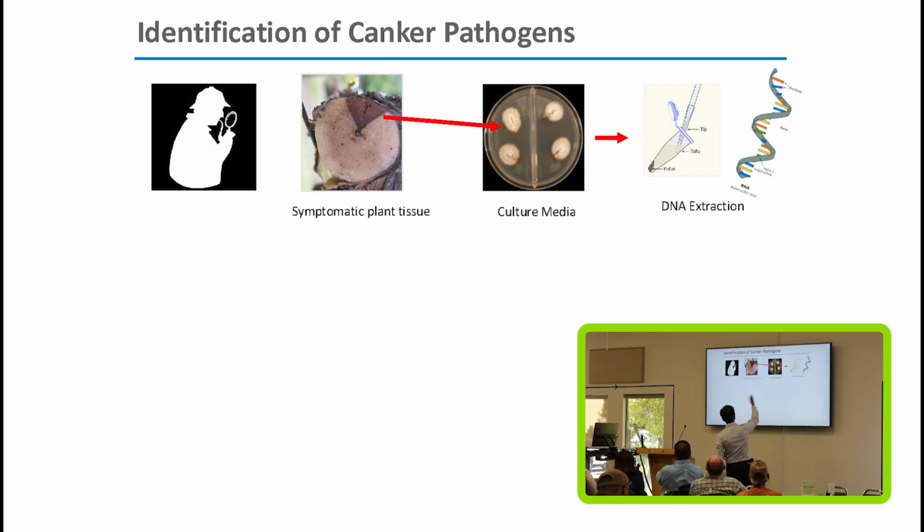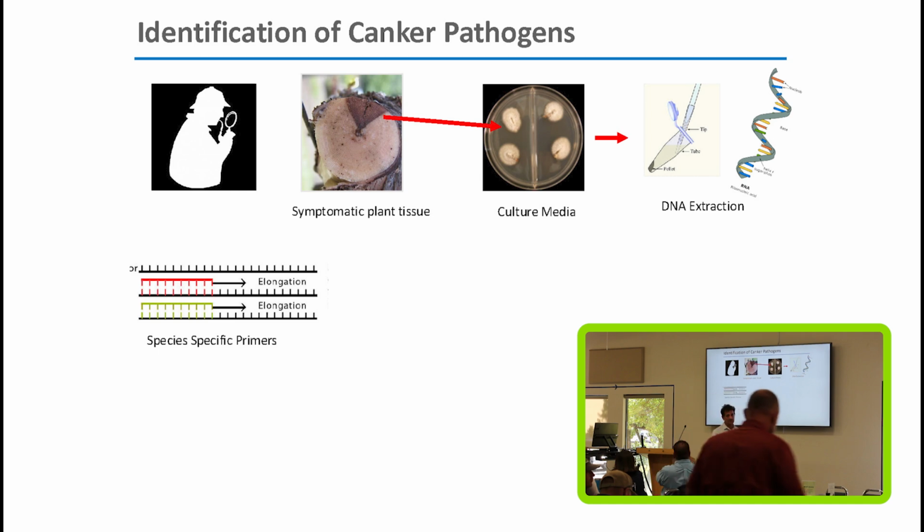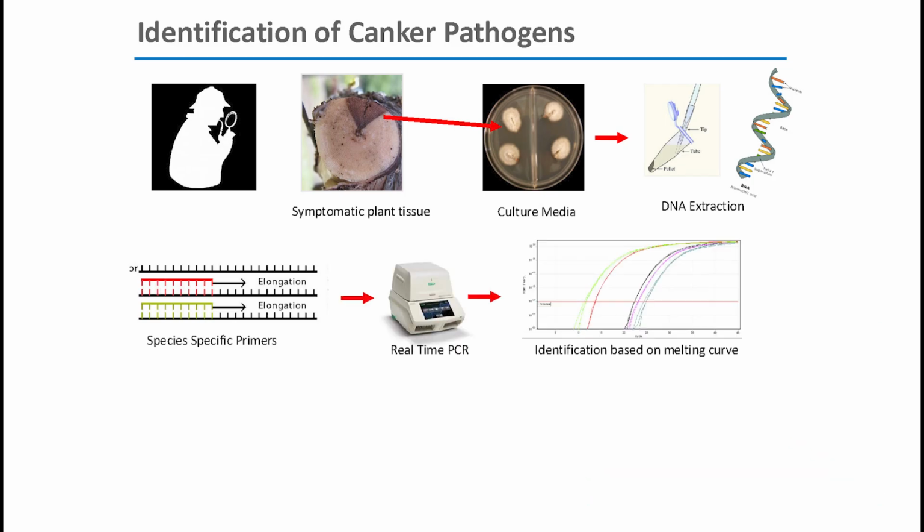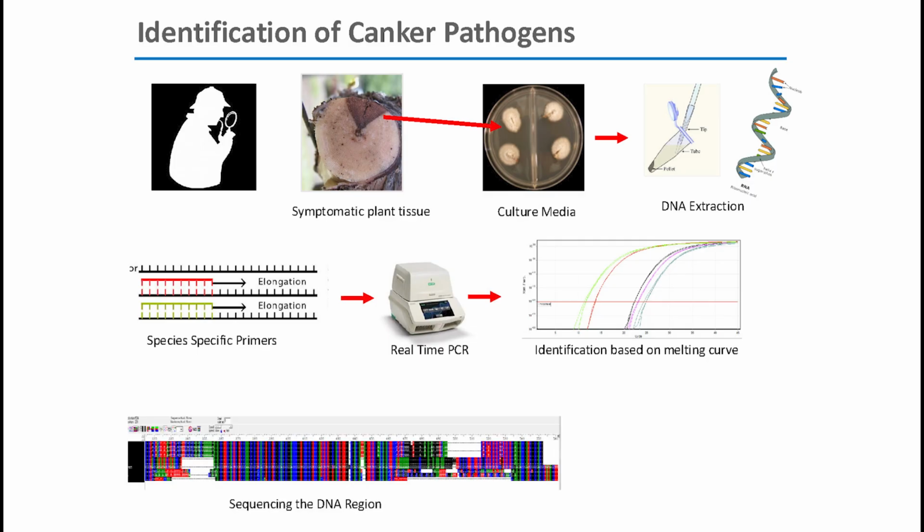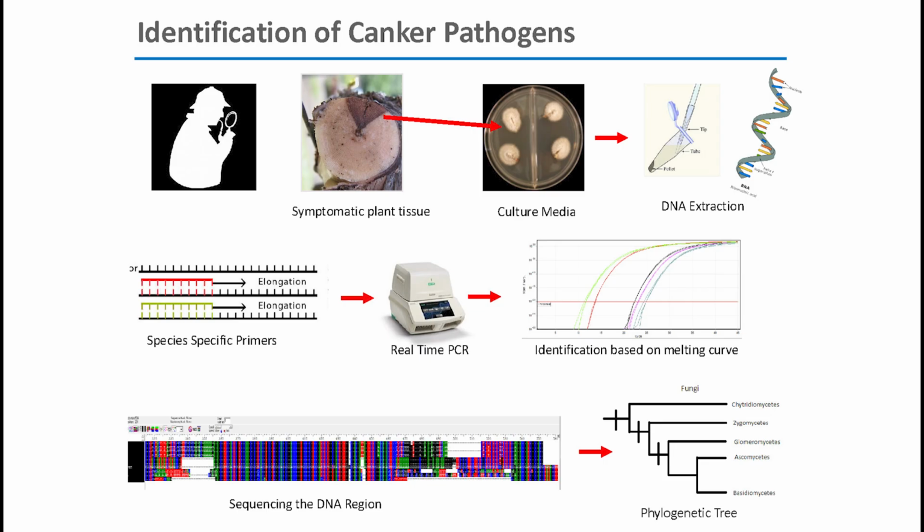When we know what they look like, we identify them by their morphology. But nowadays, we have the advantage of using DNA extraction, looking for their DNA fingerprint, and species-specific identification using all kinds of fancy methods. In the end, we are able to sequence either part or the entire genome of the pathogens we work on.